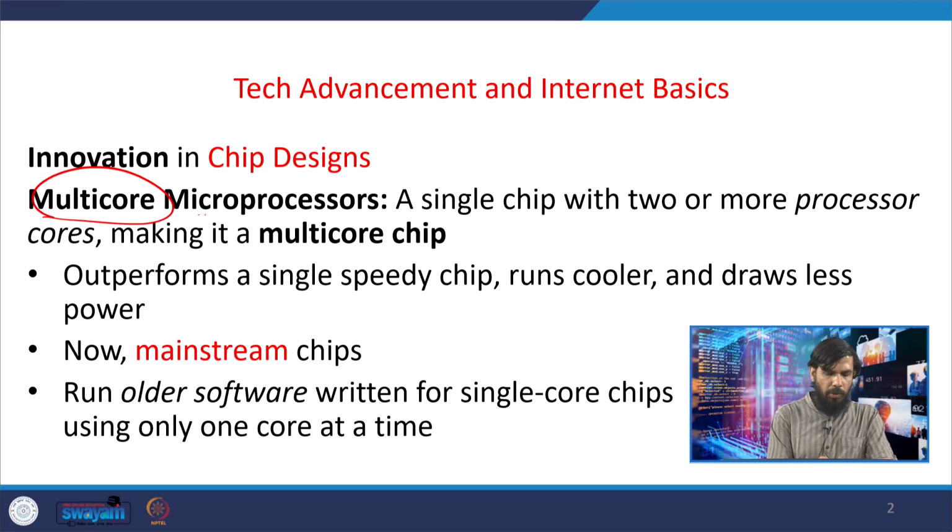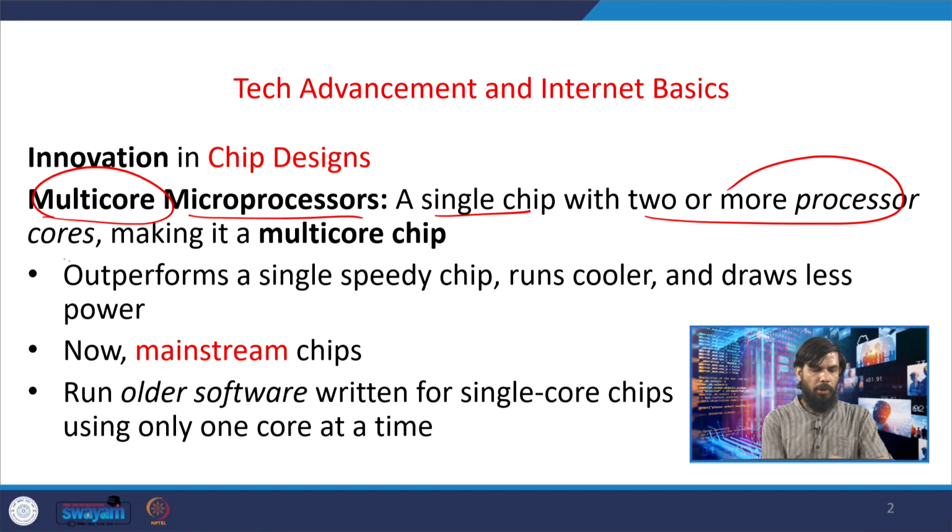So, first one is multi-core microprocessors. A multi-core microprocessor was a significant change from single chip based CPUs, right. A multi-core microprocessor is a single chip with two or more processor cores.